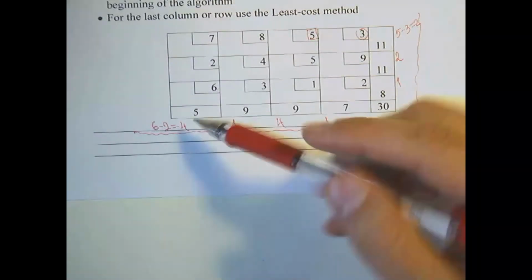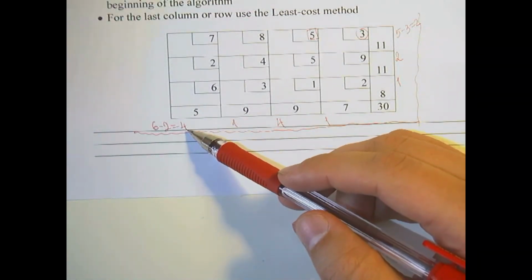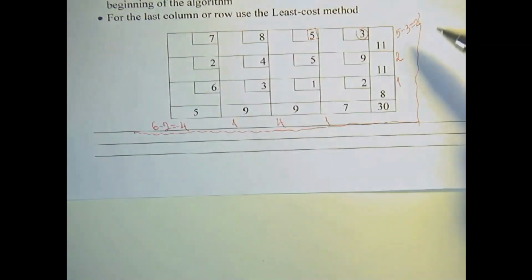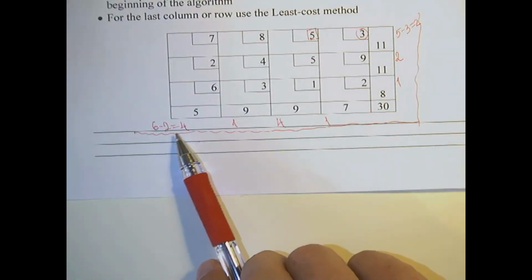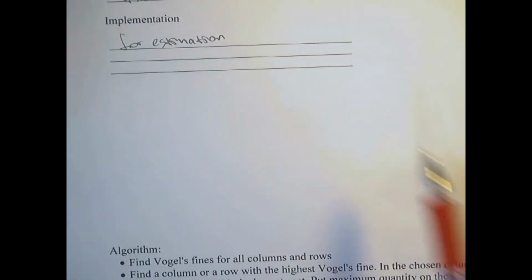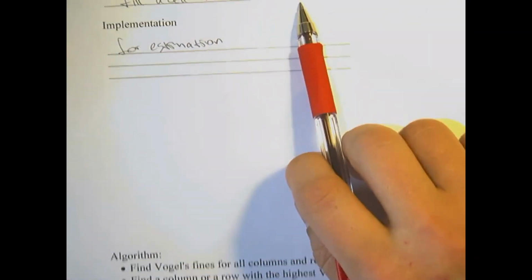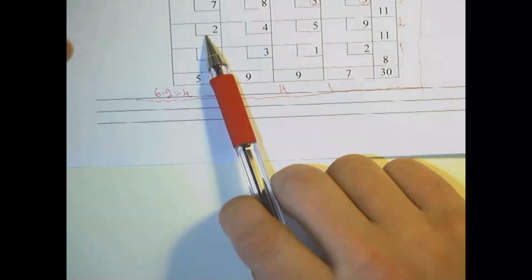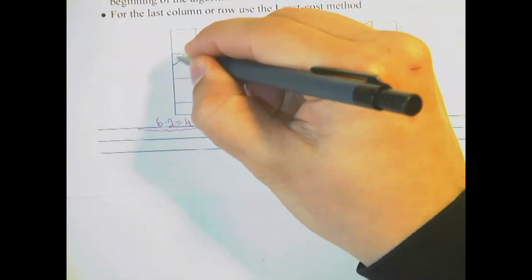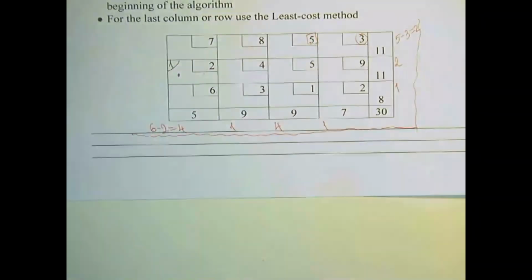This maximum Vogel's fine corresponds to the first column, and in the first column we should fill the cell with minimum cost. What is the minimum cost here? It is 2, and it is our first step, and we should deliver there.